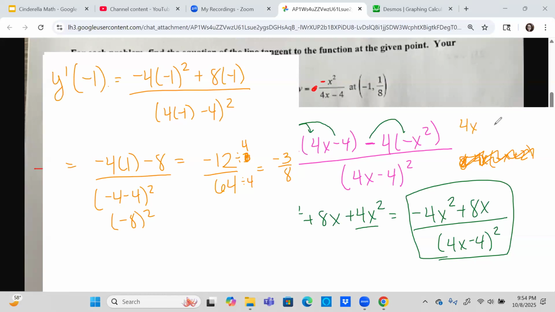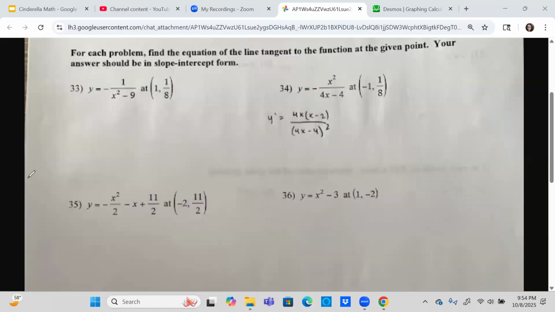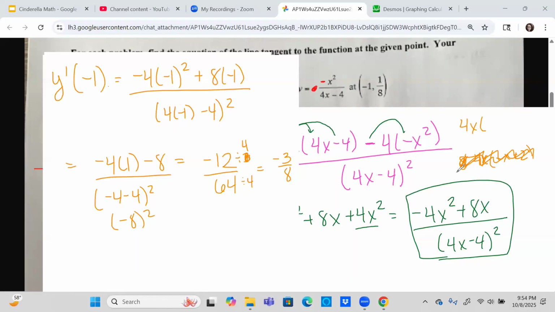Hold on. Wait, maybe I do see a mistake. Hmm. I feel like it was positive, but I don't see a mistake anywhere. Okay, I'm going to start this problem over.